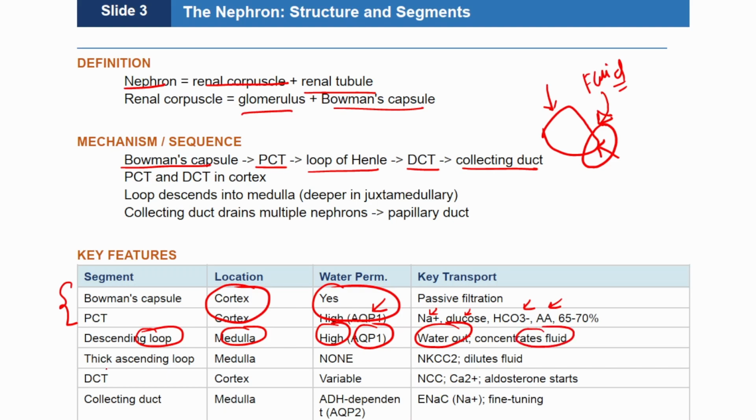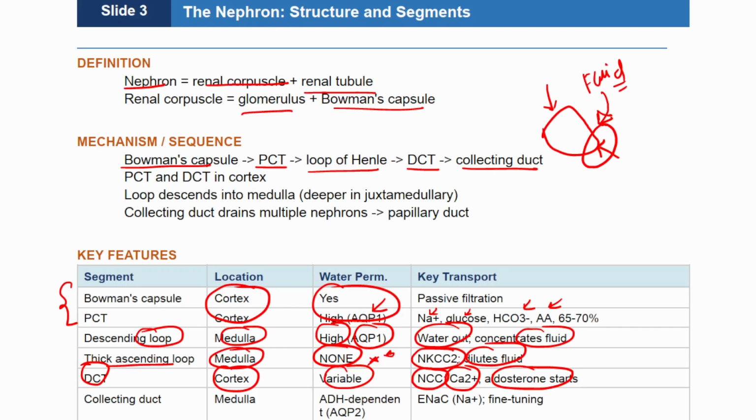The thick ascending limb of the loop of Henle is located in the medulla, possesses absolutely zero water permeability, and utilizes the NKCC2 transporter to actively pump out solute, diluting the fluid. The distal convoluted tubule is located back in the cortex, possessing variable water permeability, and utilizes the NCC co-transporter along with parathyroid hormone regulated calcium channels, where aldosterone driven modifications begin.